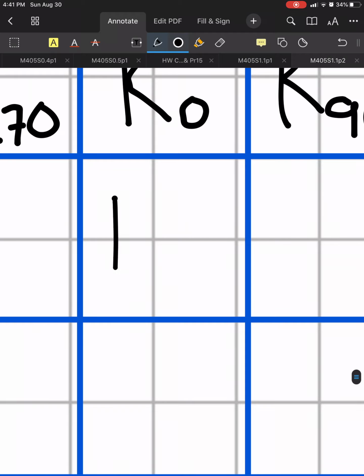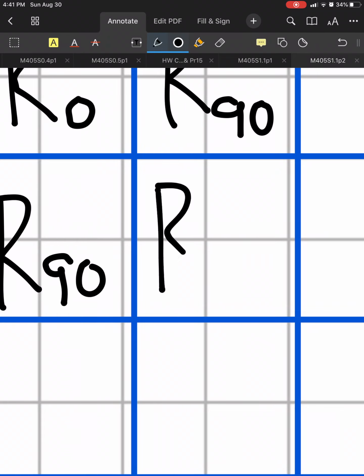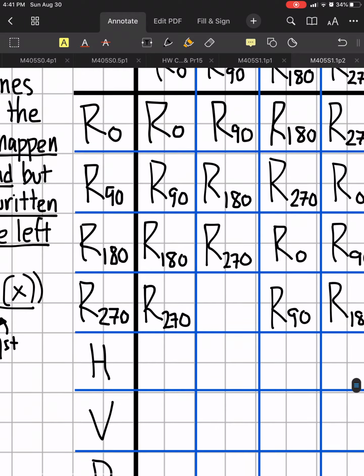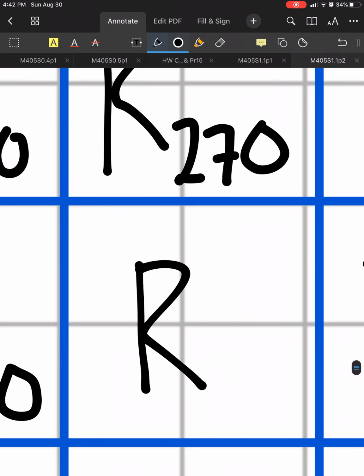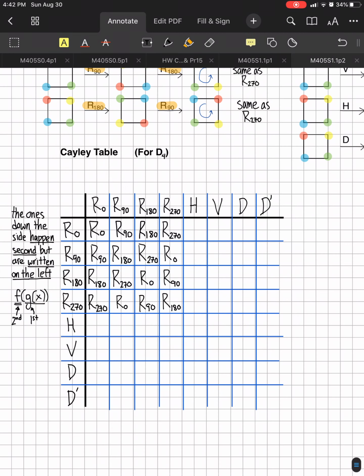This is also R90. Two 270s together are a full circle and another half circle, which is R180. And this one, what is this? 270 and 90, which is R0. Okay. So that part is easy to fill in. The book didn't make any mistakes there.